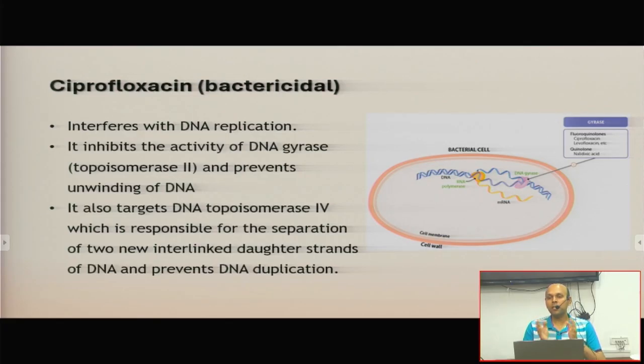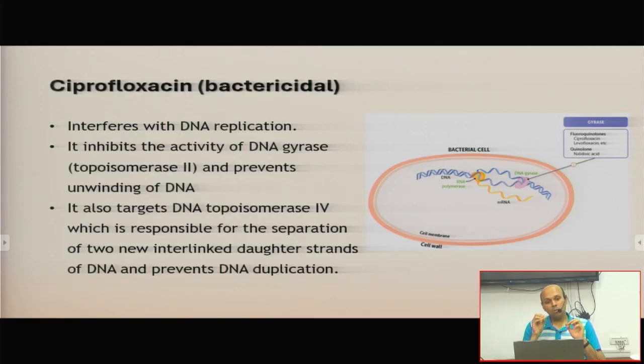If you have a thread, everyone has sometimes played with a thread in their life, right? When two threads are intertwined and you pull them apart, what happens at one end? There is stress created. Same thing happens here also.